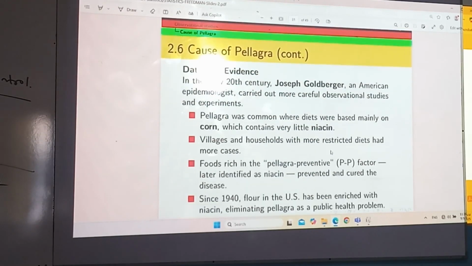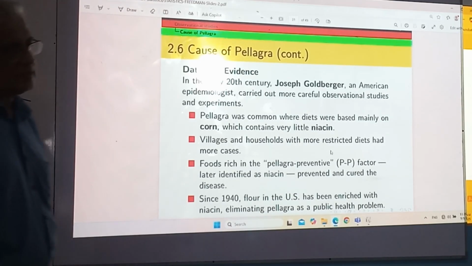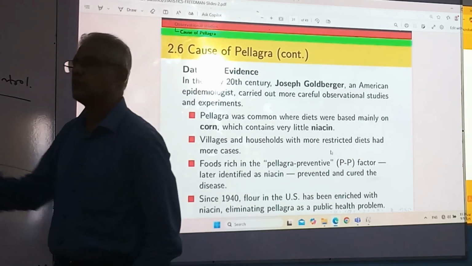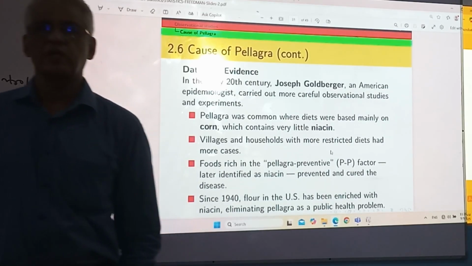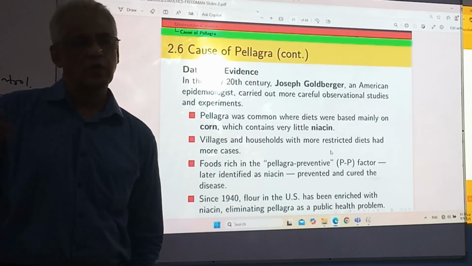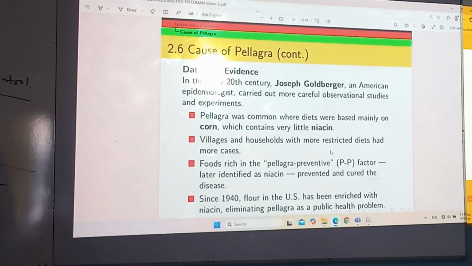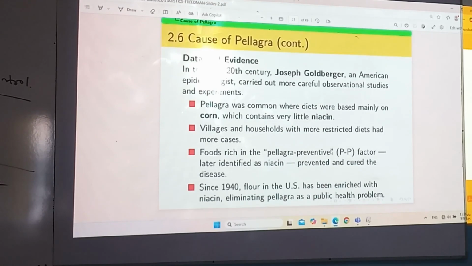But then some people carried out some more careful observational studies. Not only did they observe the environment, they also observed some other things like what they eat, how they exercise, and so many other things. Right. So in the 20th century, an American epidemiologist carried out more careful observational studies, and experiments also carried out later.